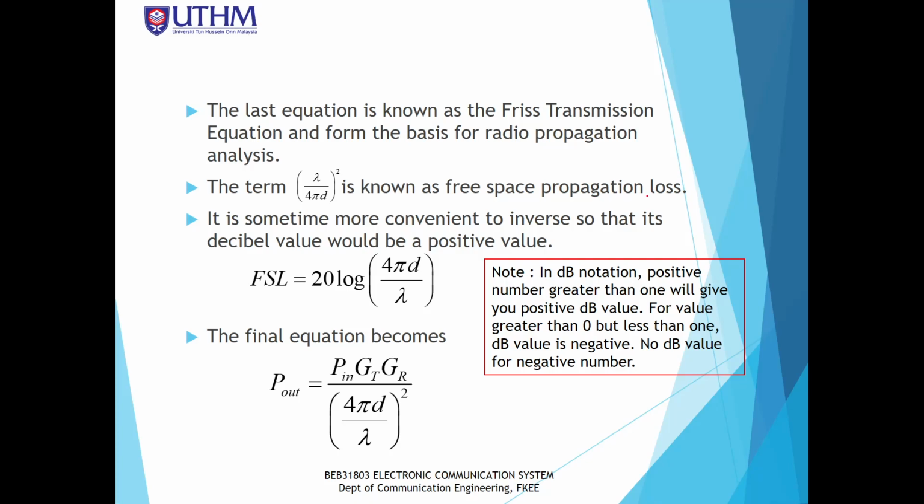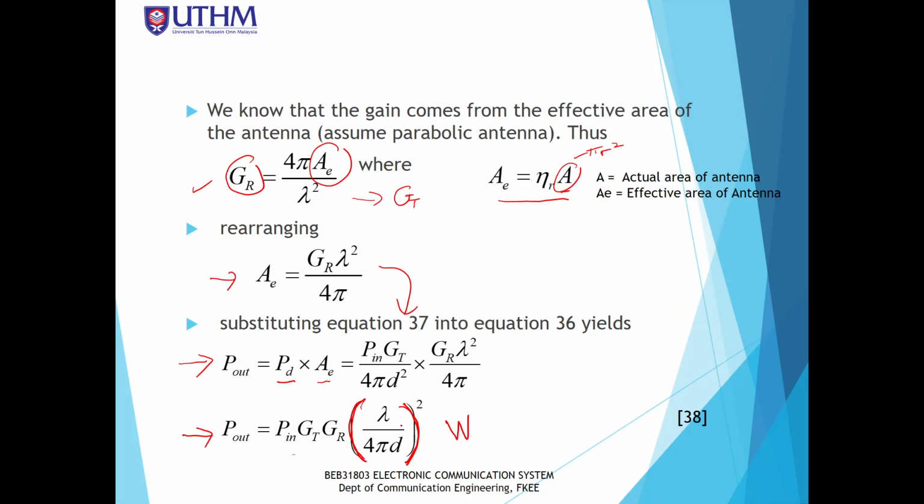It is sometimes more convenient to invert it so that the decibel value would be positive. So this is actually the free space loss, the kind of loss due to the distance.